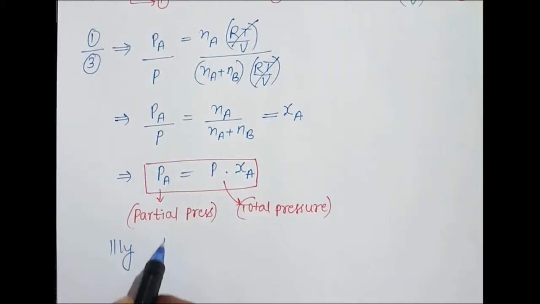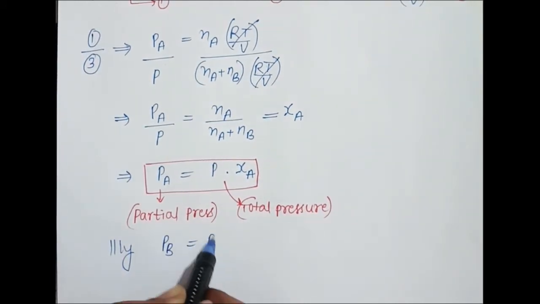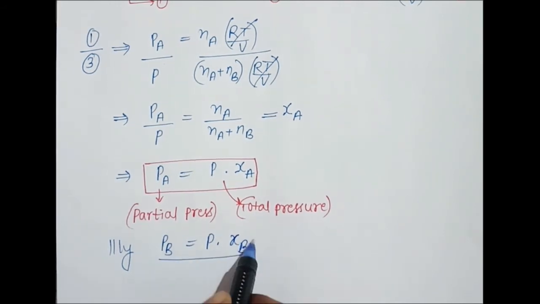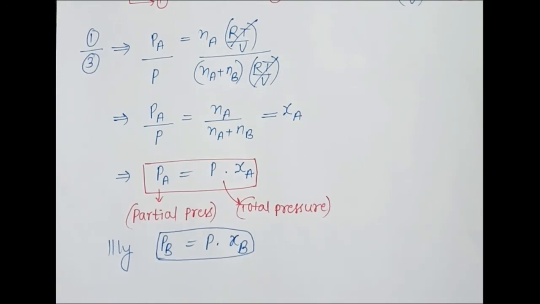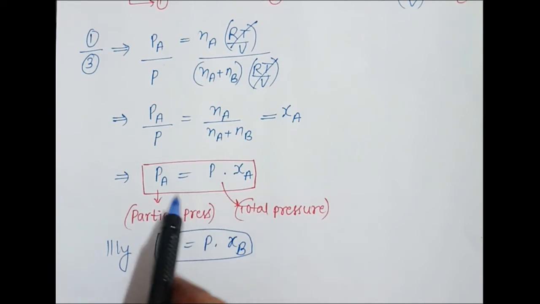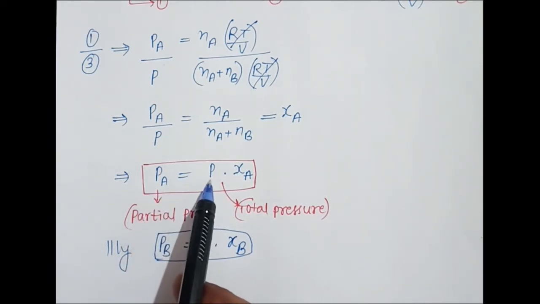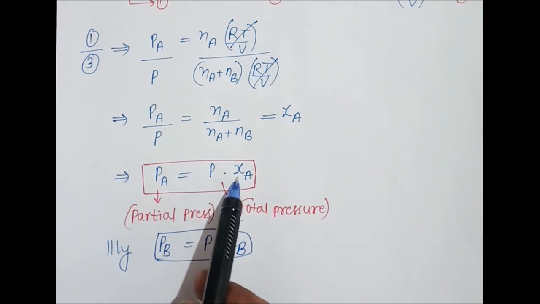Similarly you can say PB is equal to P into mole fraction of B. So this is the Dalton's law final statement. So if some people say, sir, I'm a B group student, what should I remember? This is only what you have to remember. Partial pressure of any compound is equal to total pressure into mole fraction of that compound.